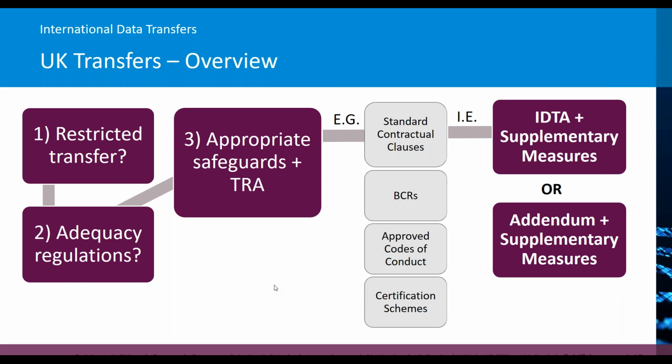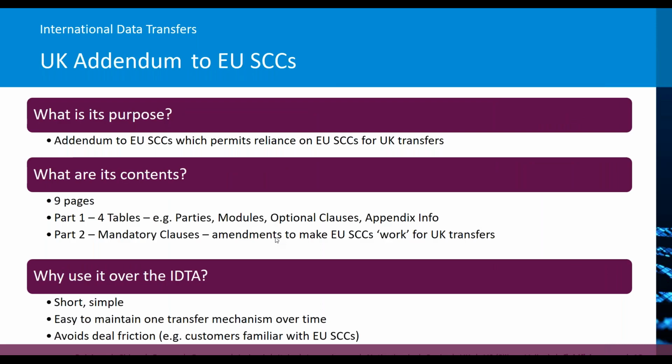As part of step 3, Renzo's already touched on transfer risk assessments, or transfer impact assessments as they're referred to at a European level. They'll also need to be conducted in tandem with considering your appropriate safeguards, to identify what, if any, supplementary measures you need to add to your standard contractual clauses for UK purposes. So that's just a snapshot. If we turn to the documents themselves, next slide, thank you, Renzo. I'm going to start with the UK Addendum to the EU SCCs.